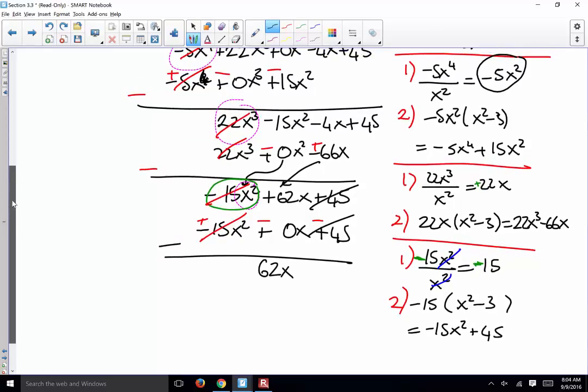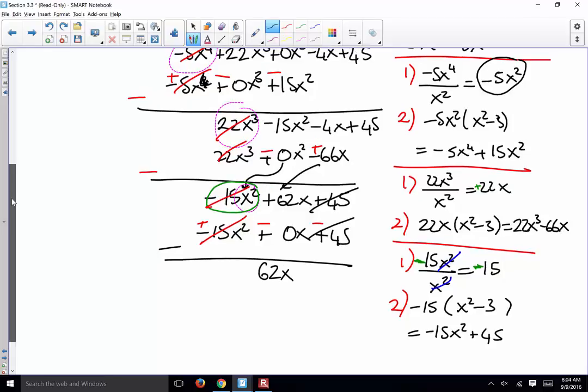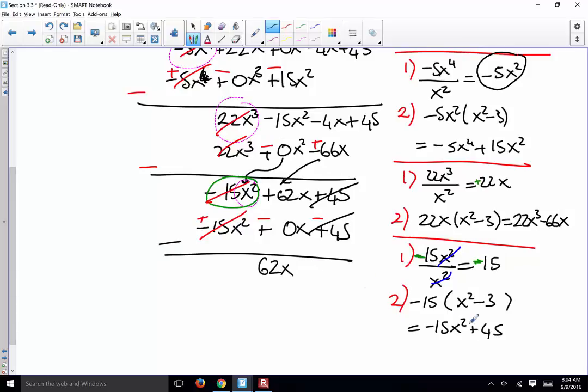45 minus, and then we change the sign to this, so it becomes negative. It was positive earlier. So I'm looking at it wrong because you changed the signs instead of changing the signs and add.